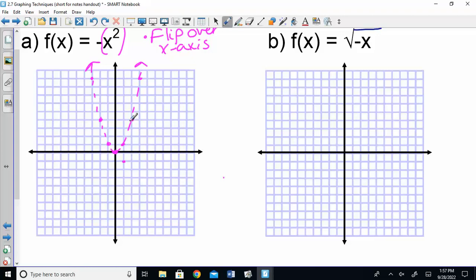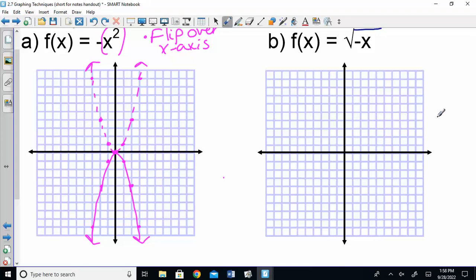These points will all just get flipped down. So we end up with an upside down problem there. Is that example okay with everyone?